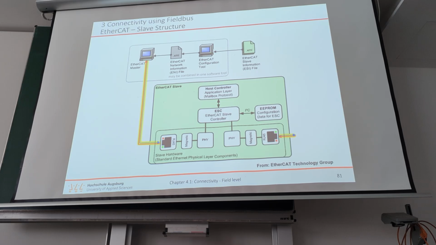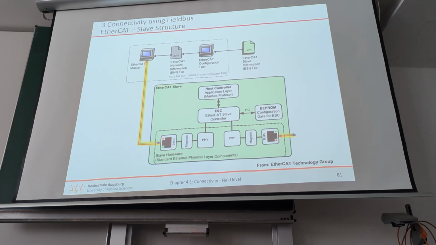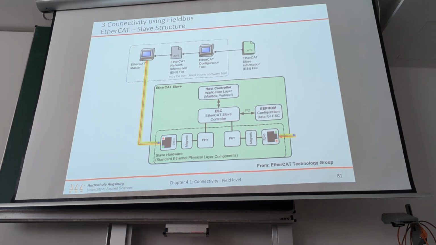But you have to install that special type of hardware in each and every slave, and you have to create a chain, so there are some restrictions on how you can build up a network. You're not as free as you would be with a standard IT system.